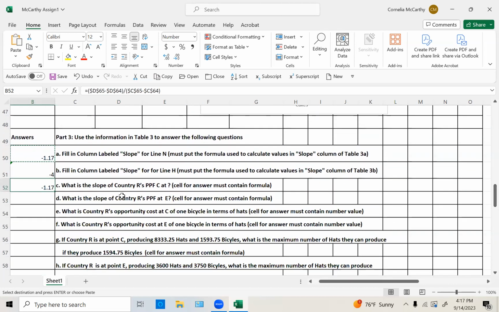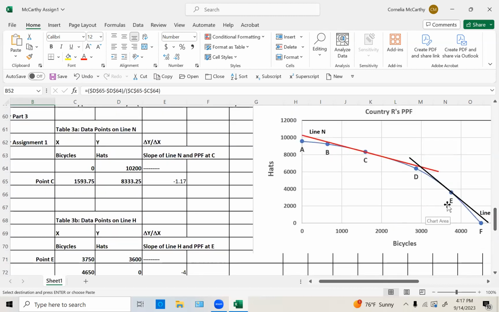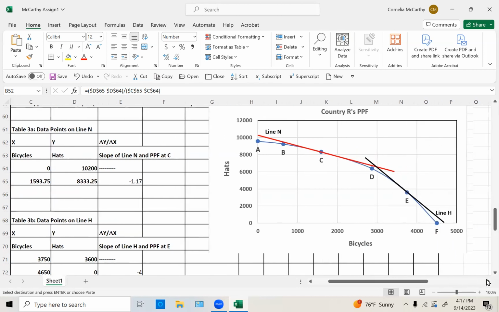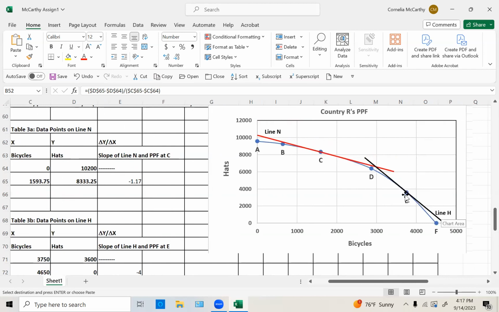And again, the same thing, the slope of the production possibility frontier at E, instead of taking the derivative of the curve that gives us the production possibility frontier and evaluating that derivative at the value for E, we're going to approximate that calculation by using the slope of line H, which is tangent.